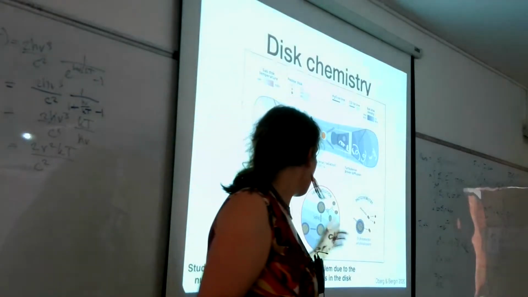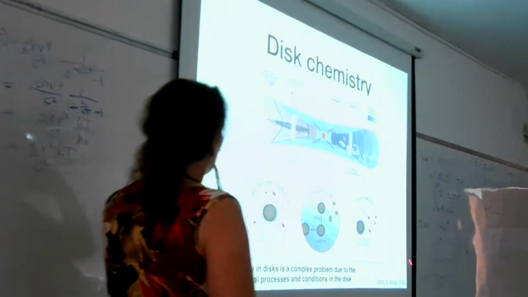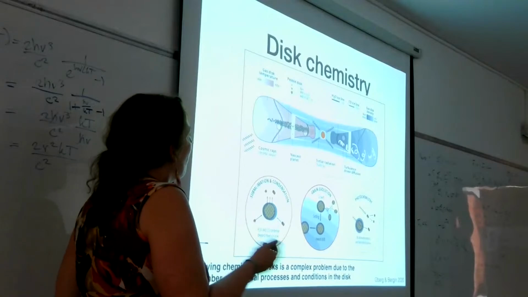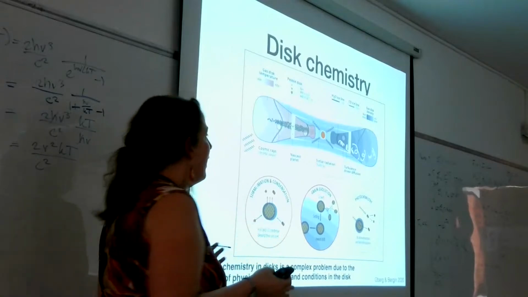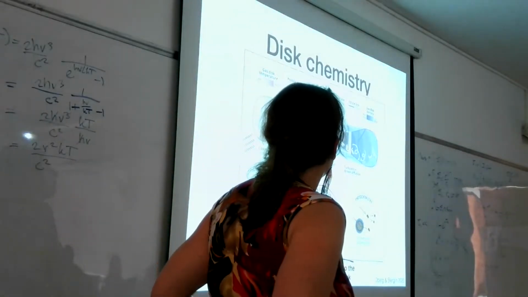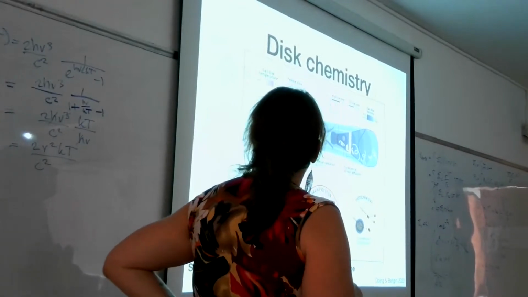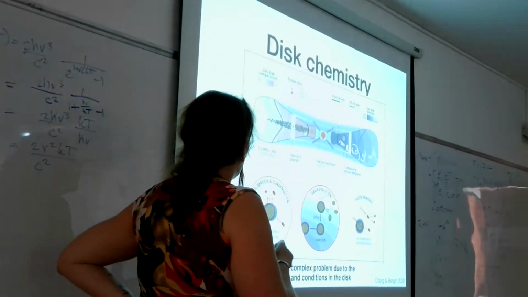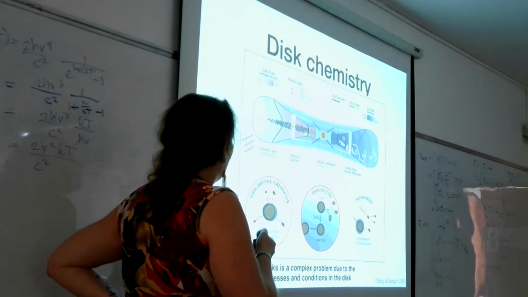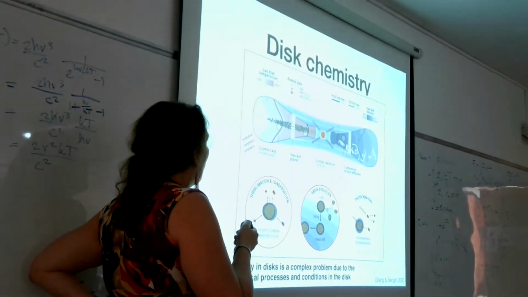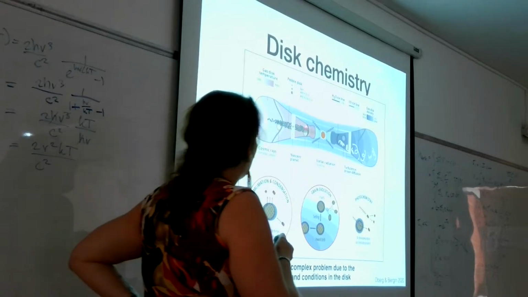So this is taken from a review paper from 2 years ago, where they summarize all the processes that are important in this and that can be constrained in a disk related to chemistry. So remember, we have a gas disk and also a pebble disk. They distinguish bare pebbles and pebbles with and without CO ice.